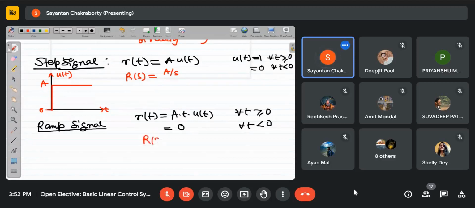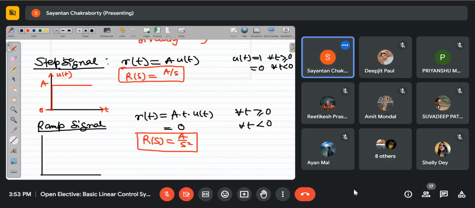So what will be R(s)? A by s square. And the nature of the response will be, it will have a slope like this.